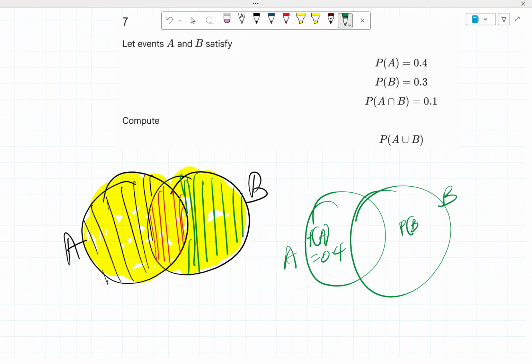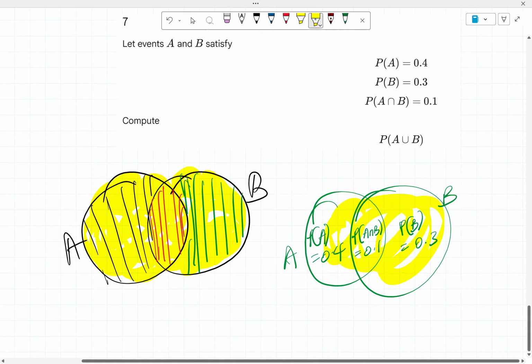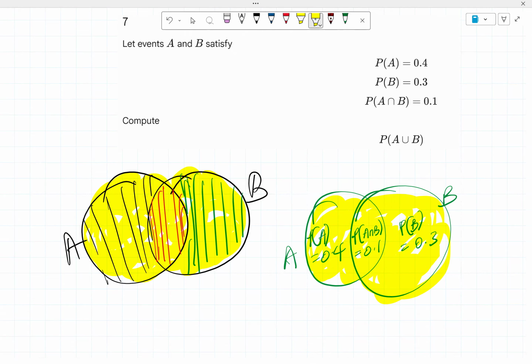Probability B is equal to 0.3. And probability A intersection B is 0.1. We are looking for the whole region now, everything. We are now looking for A union B.